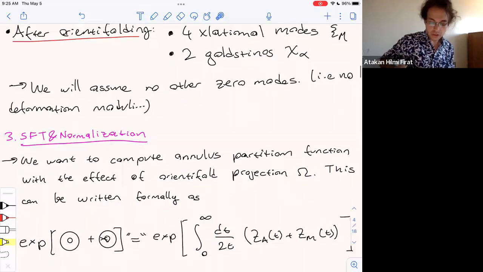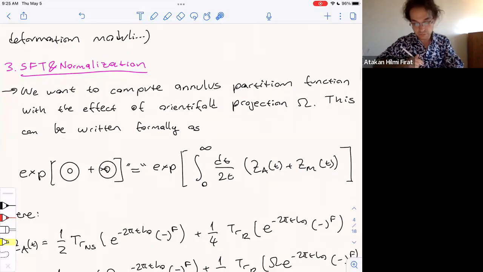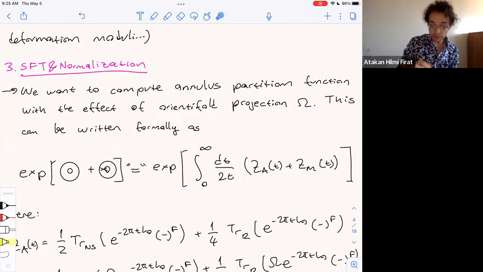Okay. So again, we want to compute the annulus partition function with the effect of orientifold projection. Here, in the introduction, I just wrote this, but since we now know there is an orientifolding, we need the Mobius strip contribution as well, which I denote by this, where I identified the two other boundaries.